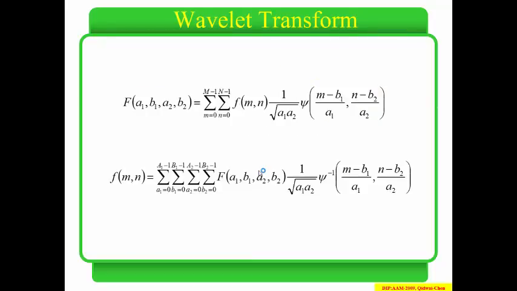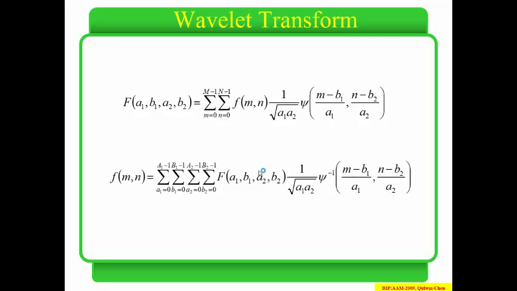Right. If we look at this expression, this is the same expression of the transform, but in a discrete system for 2 dimensions. For each dimension, I will have a scale and a translation. So in the rows dimension, let's assume I will have a scale A1 and translation B1.